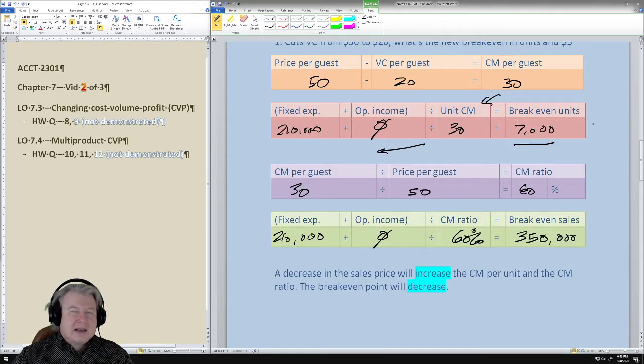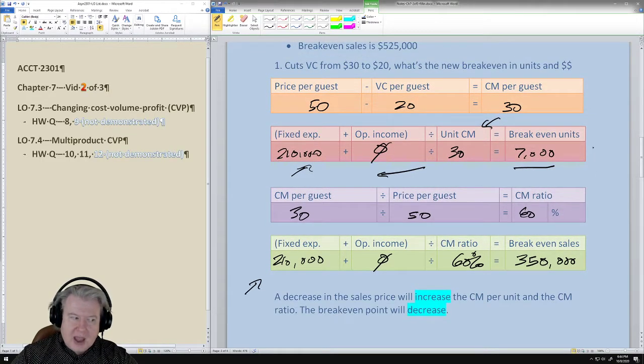Now, I think the next question has something where actually the fixed expense changes. So you would do all of these similar things, except you would just have a new number here in the fixed expense to get your answer. And so the question here is a decrease in the sales price. Actually, I think it's a decrease in the variable cost will increase the contribution margin per unit and the CM ratio, right?